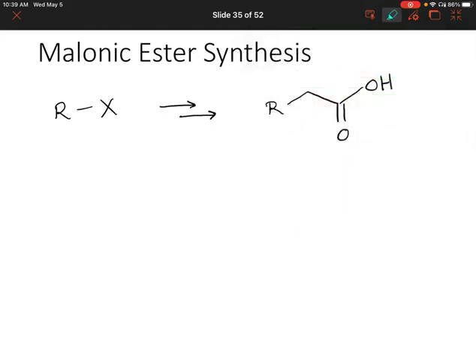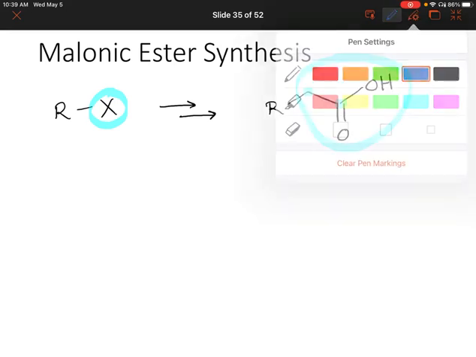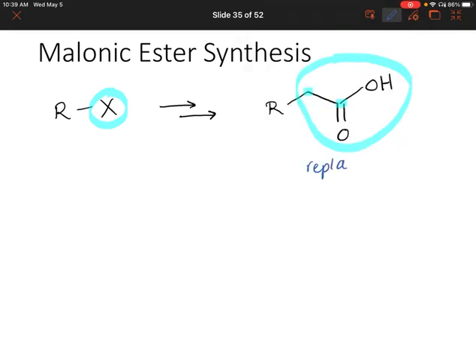Notice we're replacing this halide, the X, with all of these atoms that I'm circling in blue. And also notice that we've added 2 carbons to our alkyl group R. So that's a pretty cool transformation.